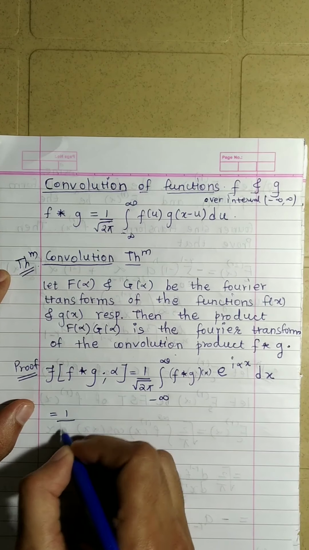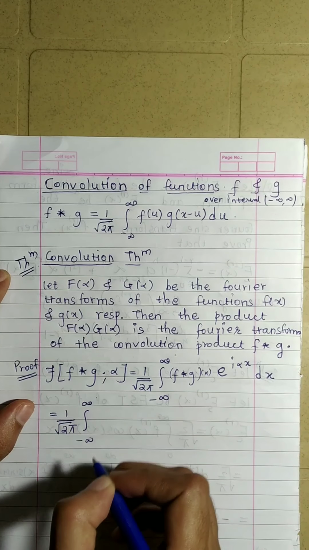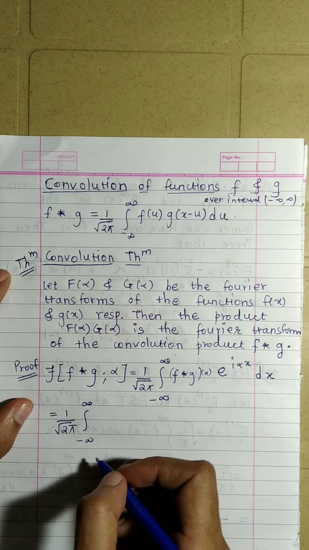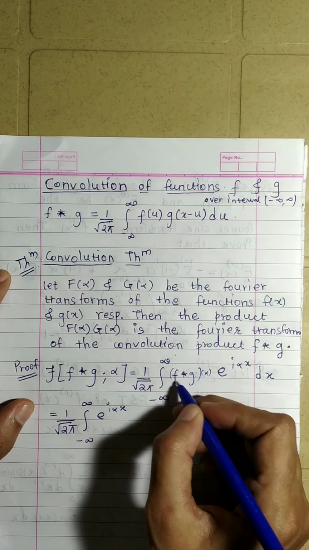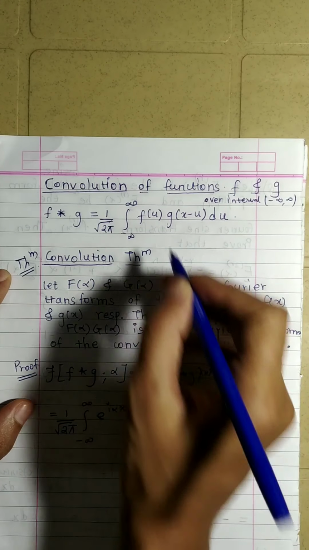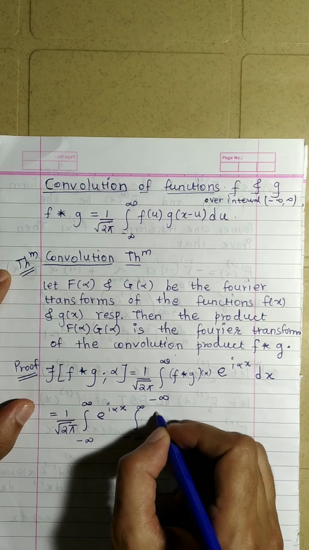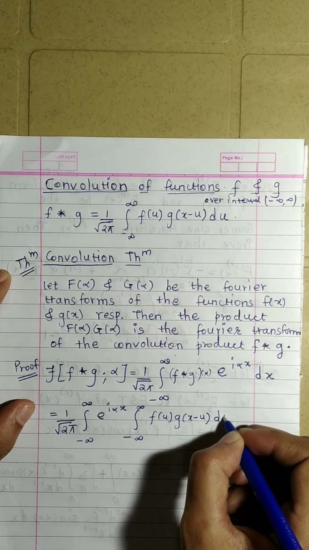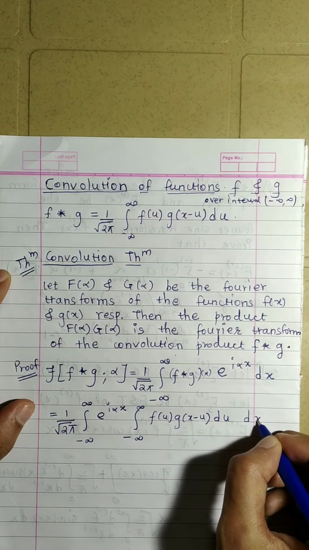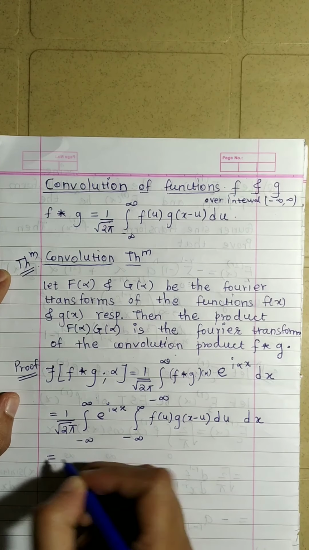This will be equal to 1 upon root of 2 pi integral from minus infinity to infinity e raised to I alpha x, and now I substitute for the convolution product from here. So that will be integral from minus infinity to infinity f of u g of x minus u du dx.